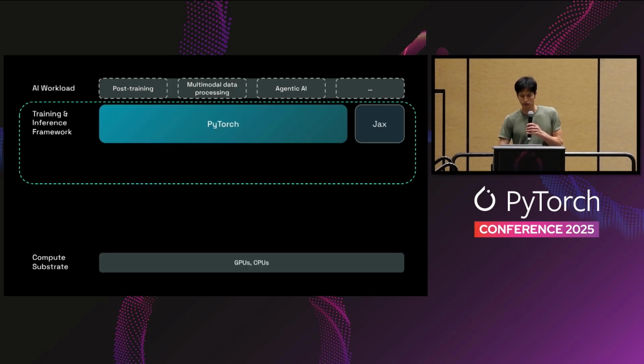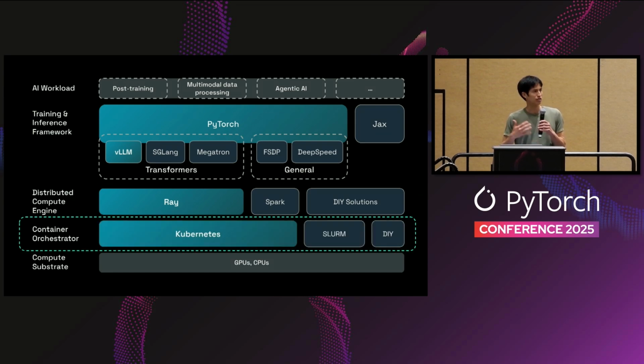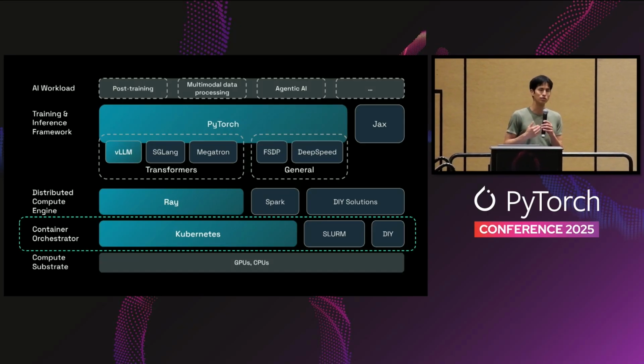So this is all about solving those distributed systems challenges within a single workload. And then this all runs on top of a container orchestrator like Kubernetes or Slurm, which is responsible for provisioning the compute, handling more coarse-grained considerations like user multi-tenancy, job multi-tenancy, and really together, all of these provide a stack for enabling complex AI applications.